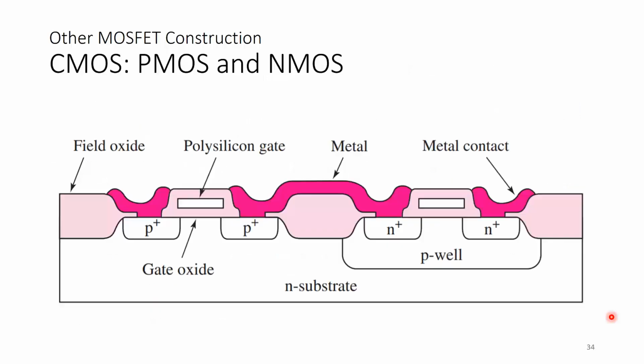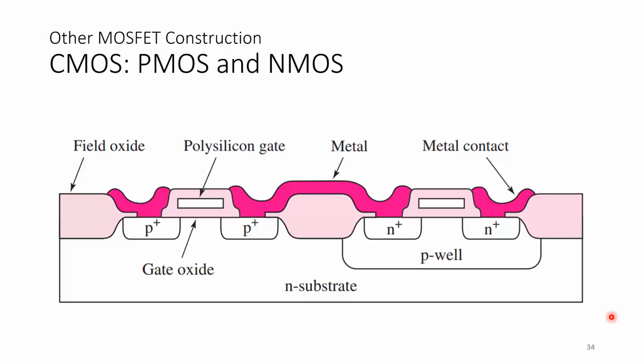Now before we go off, when you do circuits, whether in digital circuits or later on, usually you have a combination of PMOS and NMOS in the same circuit. It's not like the BJT, where you do not see NPN and PNP together in a digital circuit. But here, CMOS is very common.